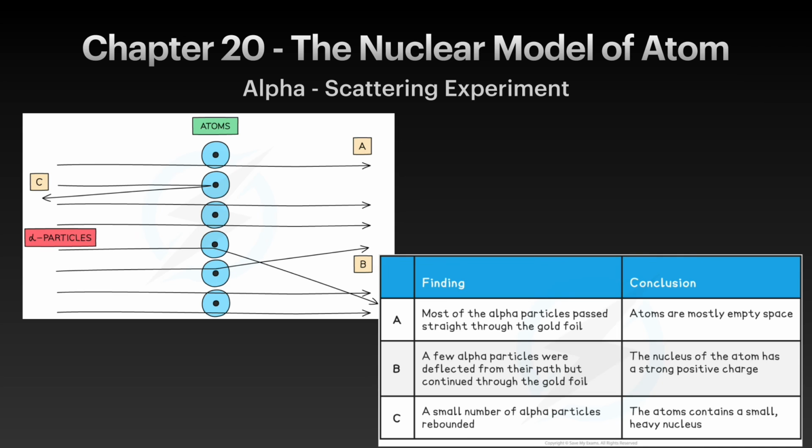The last finding of this experiment is that a small number of alpha particles rebounded. The conclusion, therefore, is that atoms contain a small, heavy nucleus. If you are still struggling to identify these three findings, there's a 3D model in the next slide. You may refer to that for understanding better.